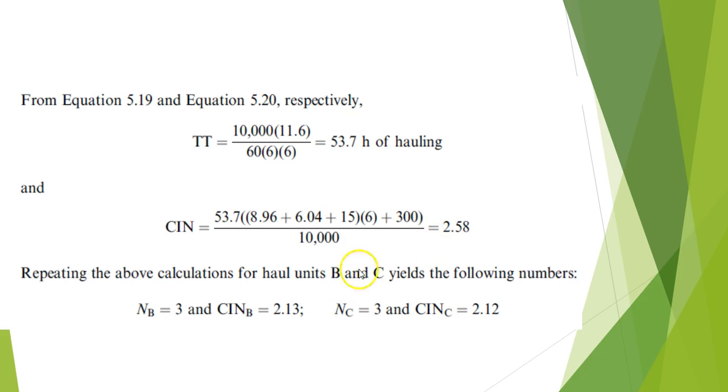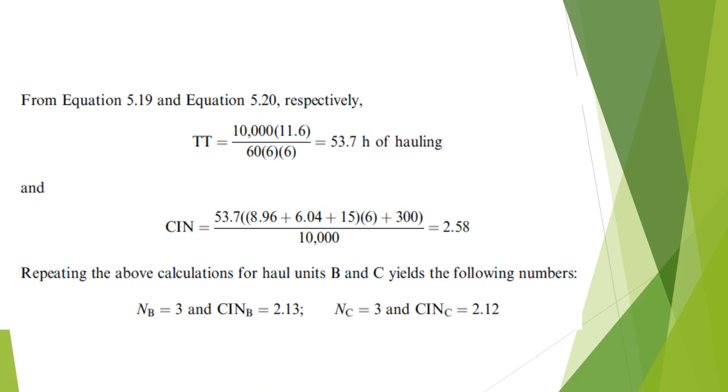Then once we know the total hours of hauling, we're able to come up with a cost index number. And that relates to the time and the costs, the total amount of material being moved. And in this case, the cost index is 2.58.